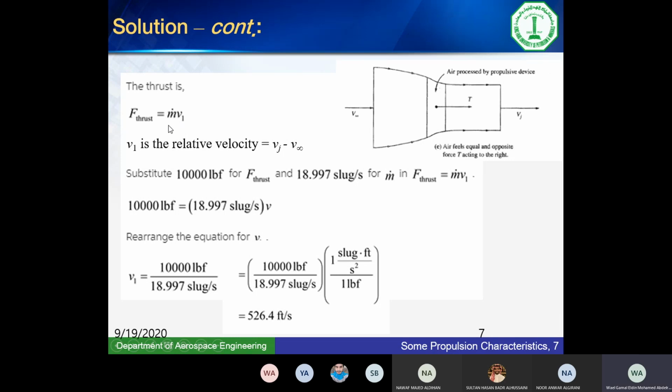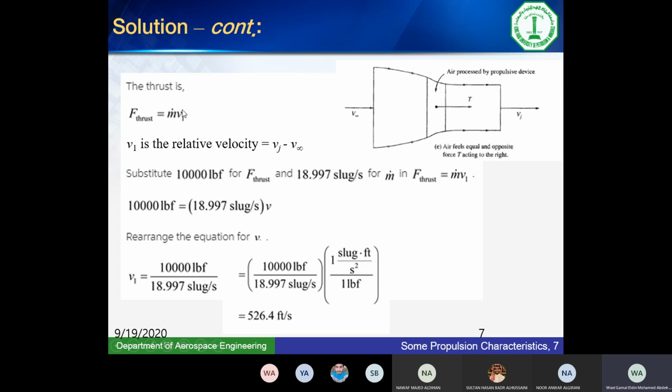So this would be close to answering the question that we had: would the size matter? Yes, the size would matter, the volume would matter. The larger the diameter, the more mass flow that will pass through the engine, the more thrust that I will have. It's directly proportional to the cross-sectional area.